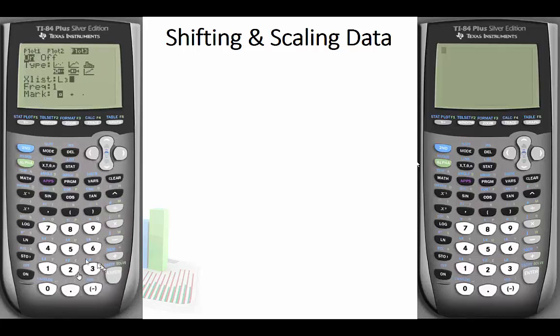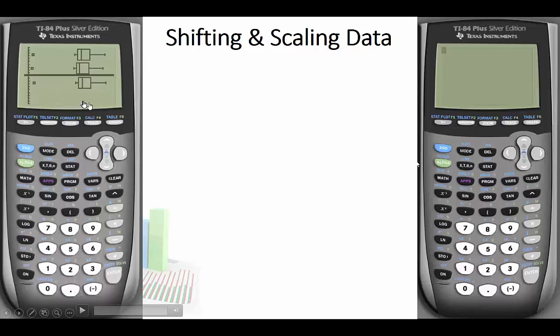And then hit graph and zoom if I need to, which I shouldn't. Zoom in 9 always brings it right in. And so the first one is my original. The second one I have shifted left by 5 pounds, and the right one shifted to the right from the original by 5 pounds. So there's a 10-pound difference there.